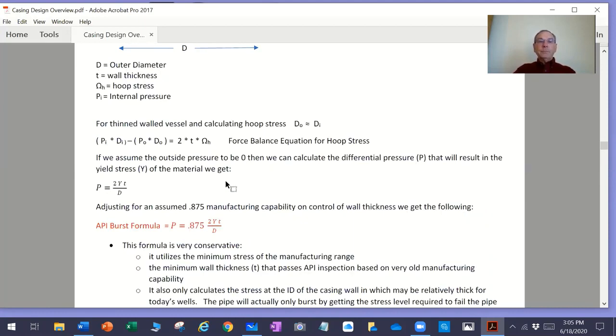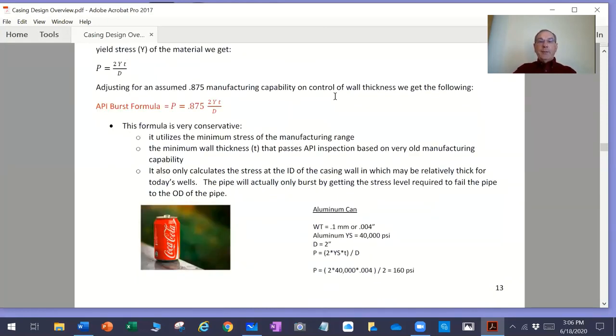And then if we assume a 0.875 manufacturing capability in controlling the wall thickness, which is what API standard is, we end up with the API burst equation by just putting 0.875 in front of this term. And so the pressure rating for burst API is 0.875, 2 times the yield strength times the wall thickness divided by the outside diameter. Now, this is a very, very conservative pressure equation.